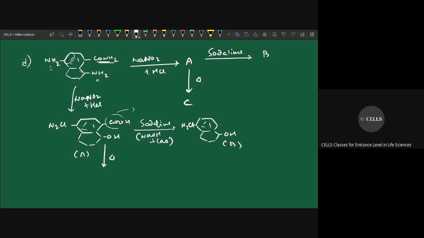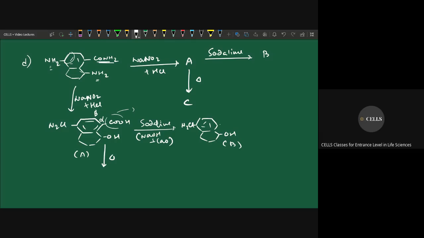Now we are heating it. Now we have to find out whether we have any kind of beta hydroxy, beta unsaturated carbon. So yeah, there is alpha, this is beta, and obviously it is present, it can be present in this way also.